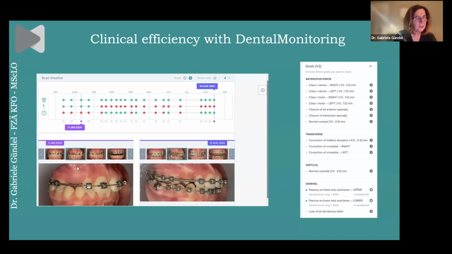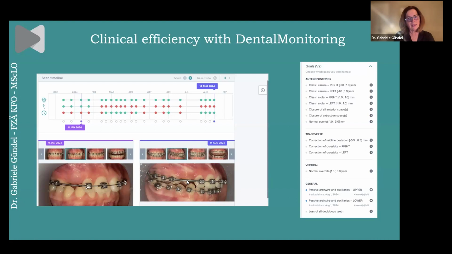So we monitored her with dental monitoring. And then when the tooth here starts to erupt, we bonded all of the other teeth also. And now we are waiting with dental monitoring until this tooth has fully erupted, and then we make the next appointment.